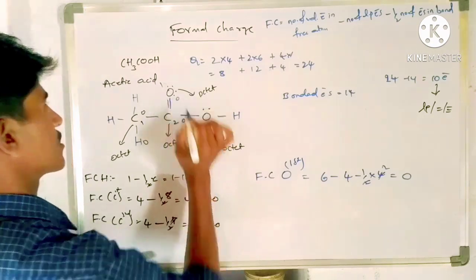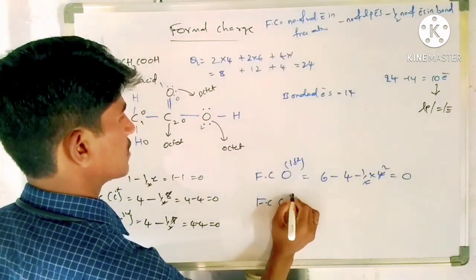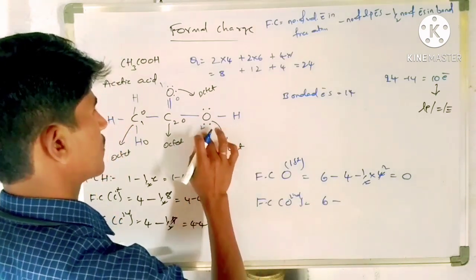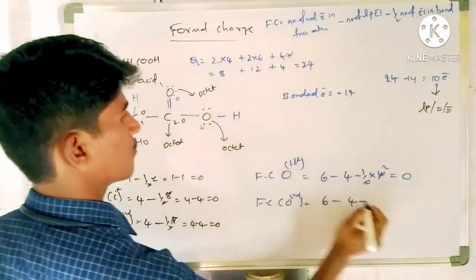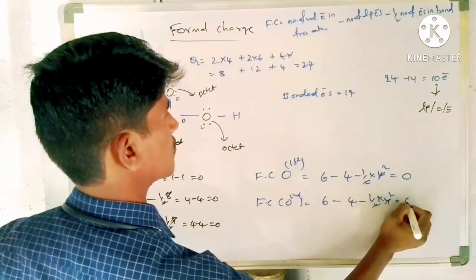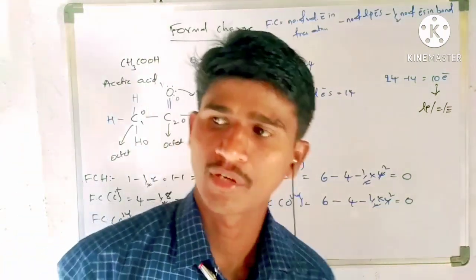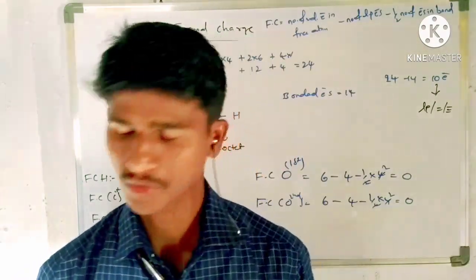So the formal charge for this oxygen is 0. For the second oxygen, 6 valence electrons minus 4 lone pair electrons minus 1 by 2 into 4, the charge is 0. For this also the formal charge is 0. So the formal charge for each and every atom is 0, and the overall charge of the molecule is also 0.